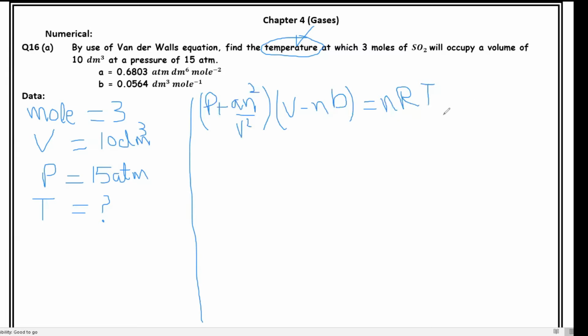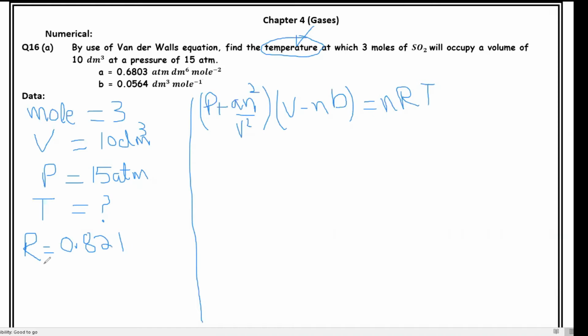We just need the value of R, which is taken as a constant because pressure is in atm and volume in dm cube. So we should take the value of R in atm dm cube per mole per Kelvin, that's equal to 0.0821 atm dm cube per mole per Kelvin.